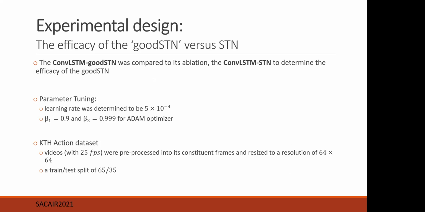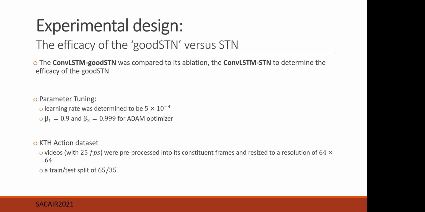So our aim was to determine the efficacy of the good STN as compared to the STN. So the convolutional LSTM good STN was compared to its ablation. We've seen this model in figure 3 previously.